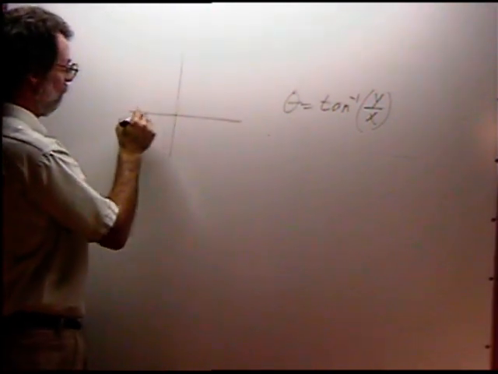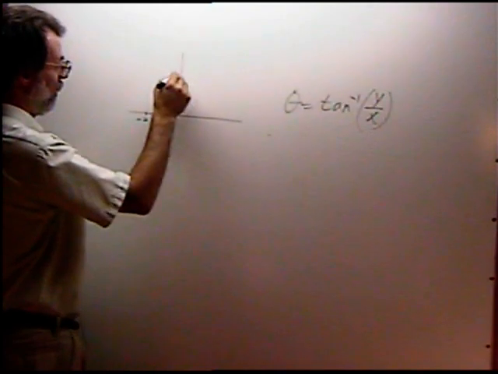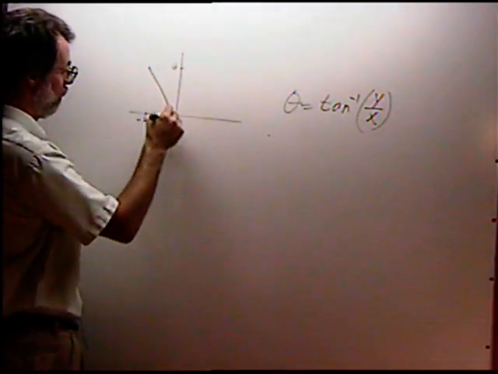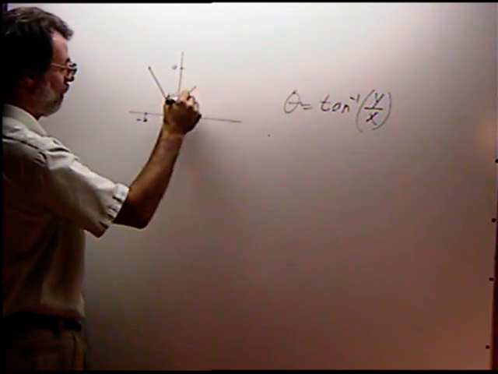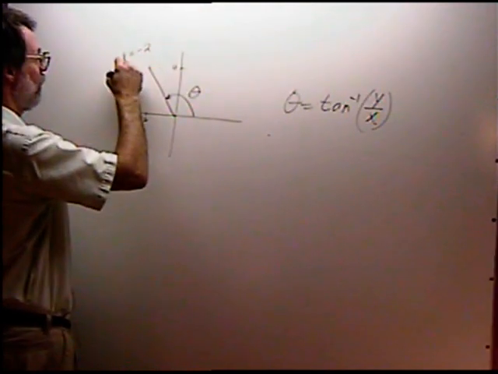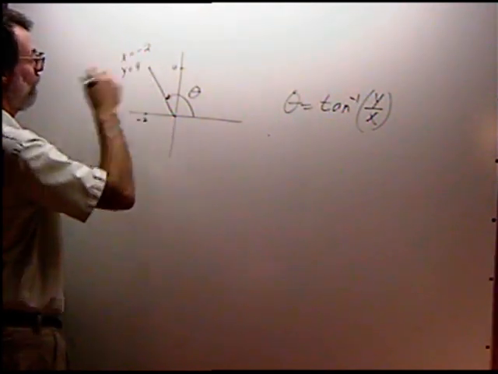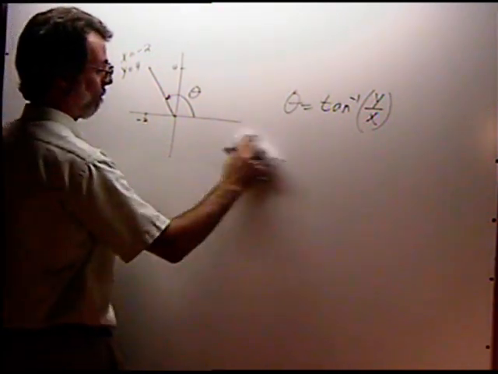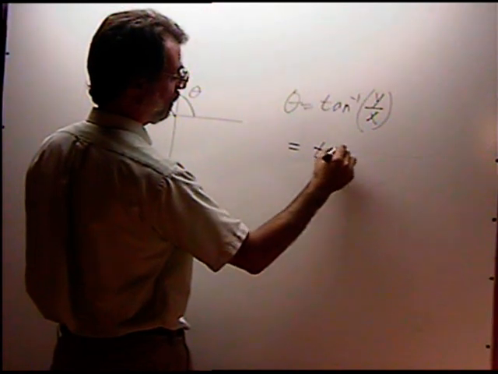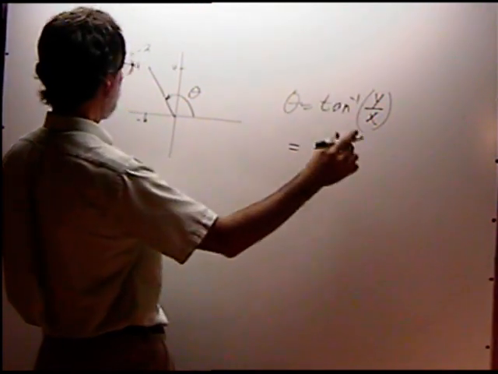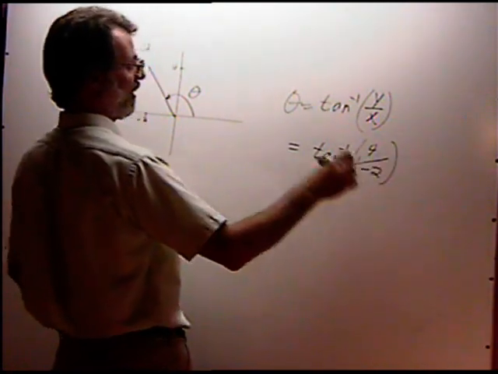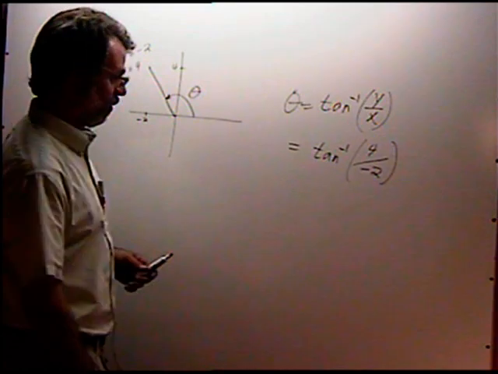Suppose you had an x of -2 and a y of 4, so you're up here, and we want this angle here. So we come in here and we say we want the inverse tangent of a y of 4 and an x of -2.